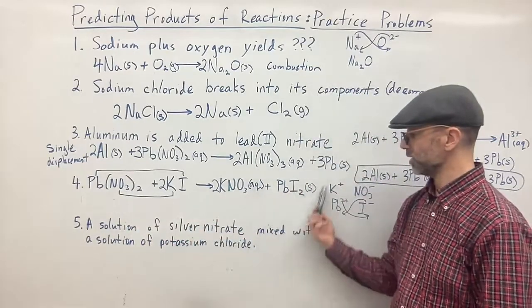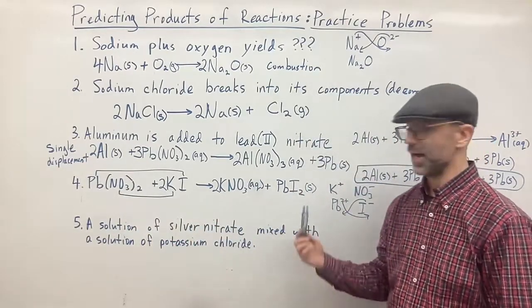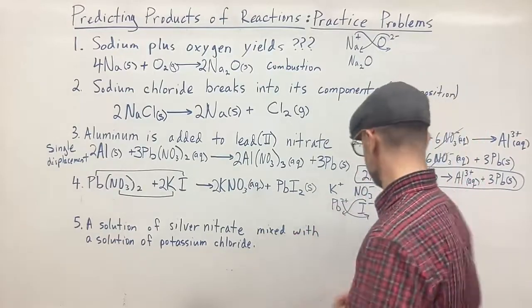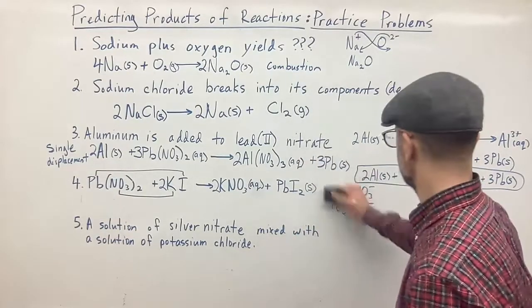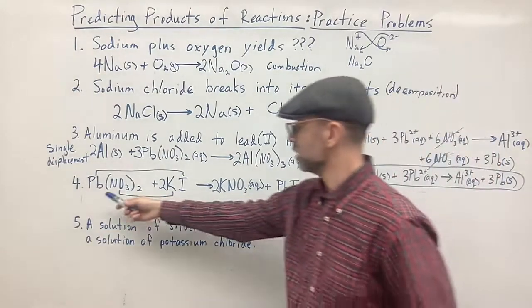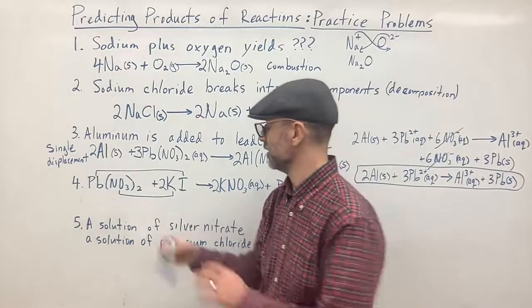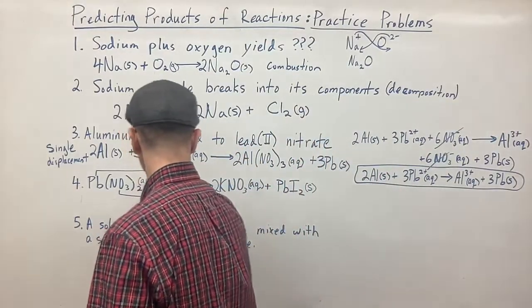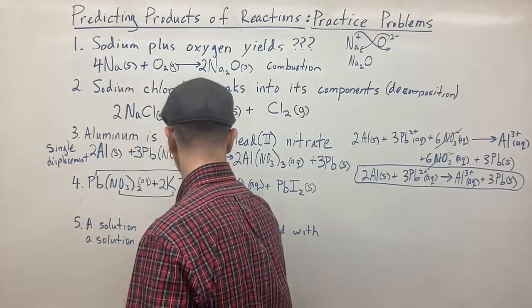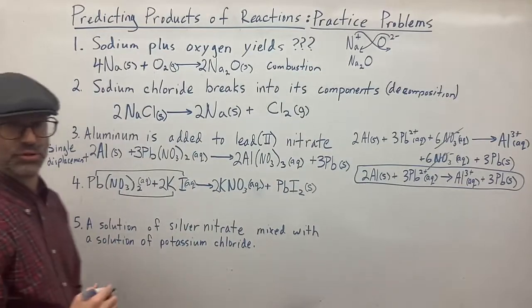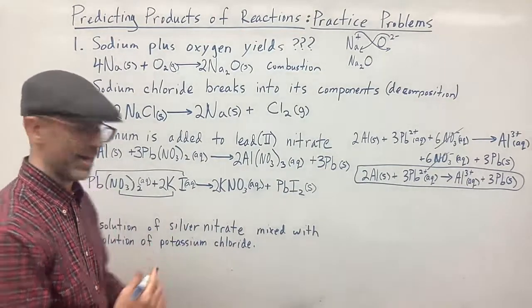I have my products. And now what I do is I need to eliminate these spectator ions. So once again, I have to write out my complete ionic equation. Anything that is aqueous. So these two, I forgot to put these in. These two are aqueous. So I'm going to spread these out into their ions.